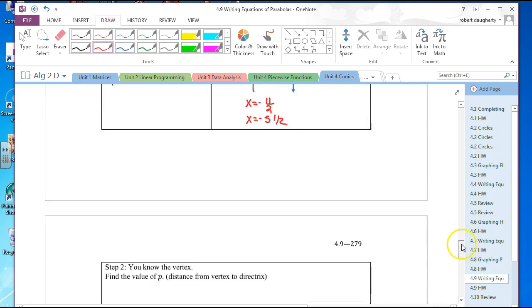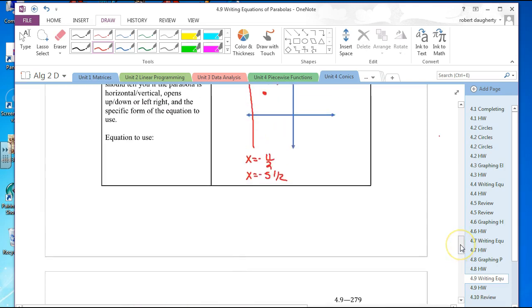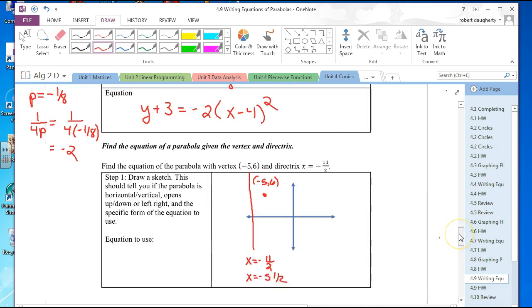In this one, we know the vertex is negative 5, 6, and we said P is equal to 1/2. What's the standard form of the equation I'll be using? Which way does this parabola open? It opens to the right if this is the vertex. So I'm using x minus h equals 1 over 4p times y minus k squared.